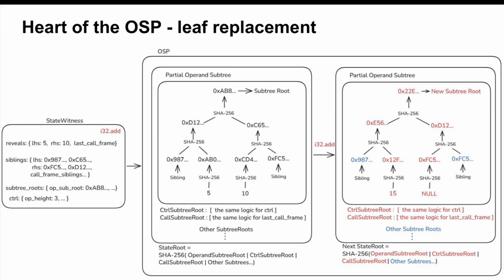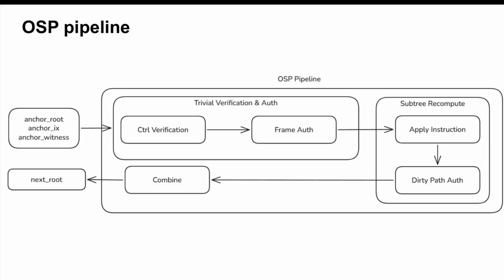And in the end, we were able to compute the next state root without touching any memory or any unnecessary fields. So, the OSP pipeline looks like this. We have anchor root, anchor instruction, anchor witness, and we provide all of these in the OSP.